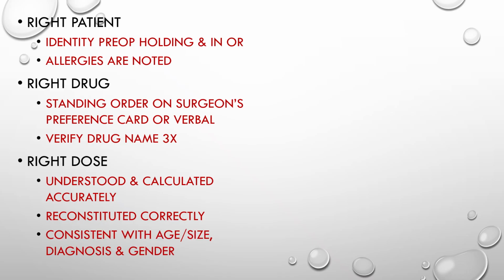And then also that it makes sense, that it's consistent with their age, their size, the diagnosis, and the gender. So that's why you have to learn some of these drugs that we'll talk about in chapter 10, so that it makes sense. Oh yeah, I know this is for high blood pressure, and this is kind of what's going on, so that you can check and ask questions like, is that right? Again, just making sure that everything is done correctly.